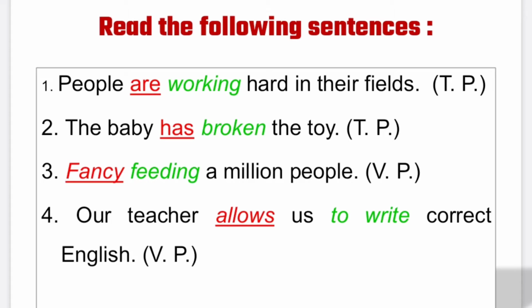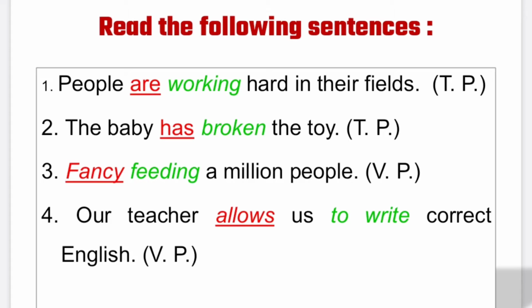One are written in red color and underlined. The other one is in green color and italicized. And all the red colored, underlined verbs are finite, and italicized green verbs are non-finite.